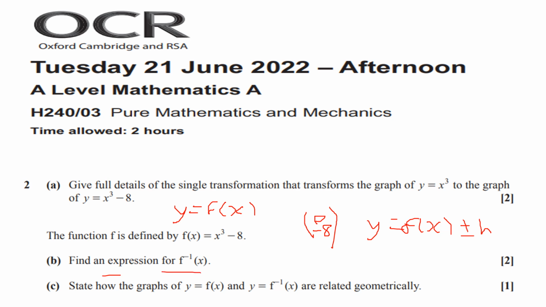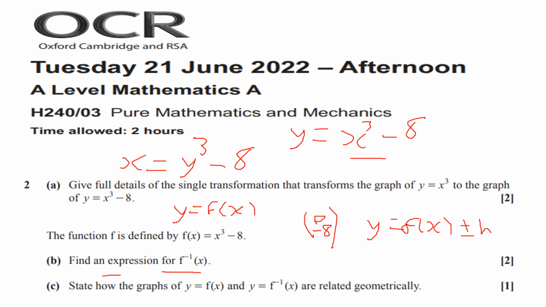Find the expression for f inverse of x, so f to the minus 1 of x. We let y equal f of x, so y equals x cubed minus 8. We swap x and y around, and we rearrange to make y the subject of the new equation. So we add 8 to both sides and then cube root both sides.